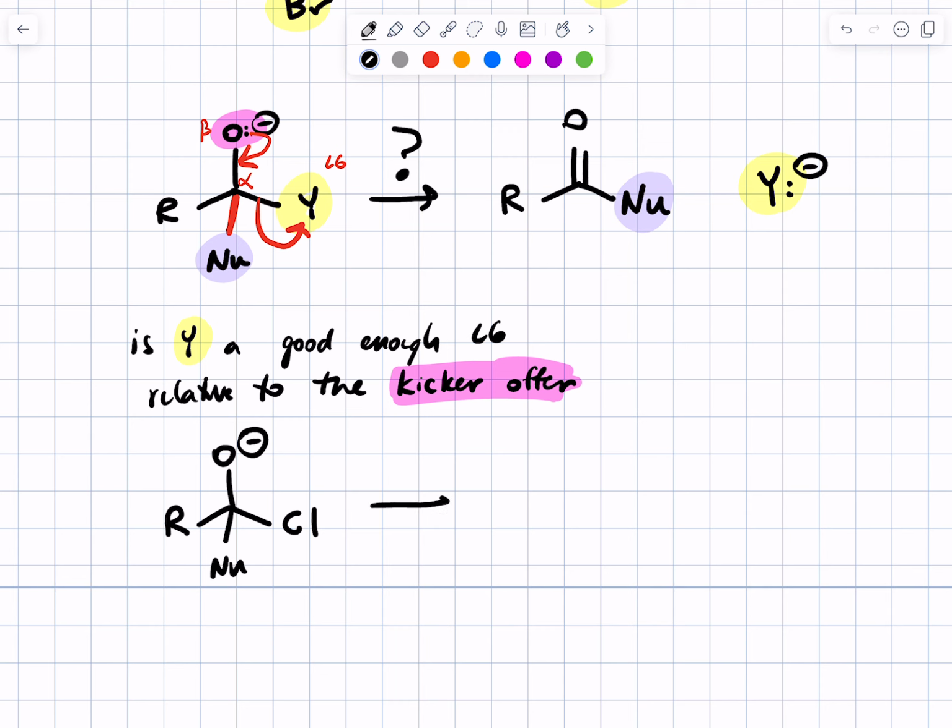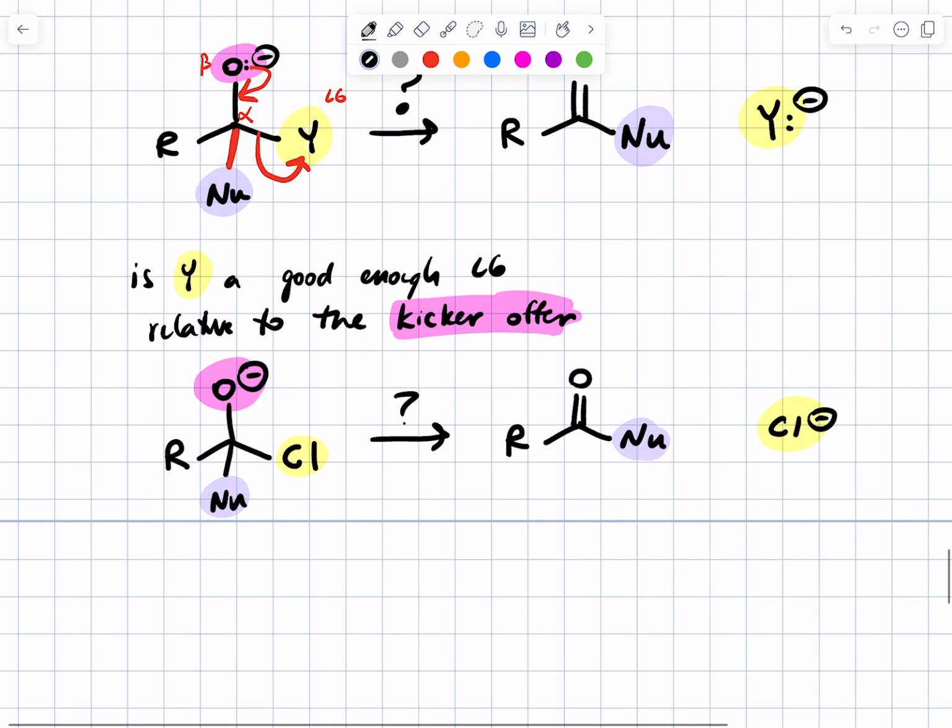Let's draw the product that would happen if Cl minus were kicked off by the kicker offer. Here was your nucleophile in purple, okay? And if we're asking about this reaction, we want to know, is this reaction reasonable? Would it move forward? Basically, we're asking, which is more stable?